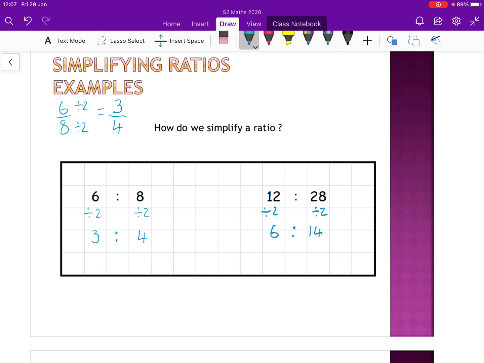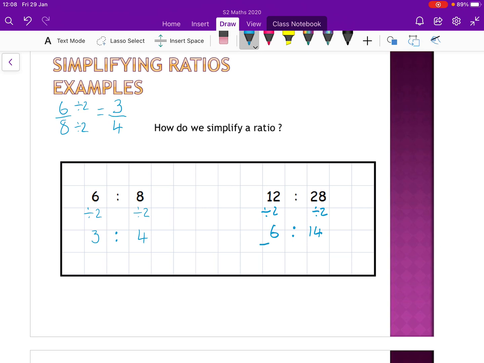Now what we have to do, just like when we're simplifying fractions, is we have to check to see if they're simplified fully. Now if I go back to the first one for a second, is there a times table that has both 3 and 4 as an answer? No, there's not. So that's how I knew that that one was finished. Is there a times table, however, that has both 6 and 14 as an answer?